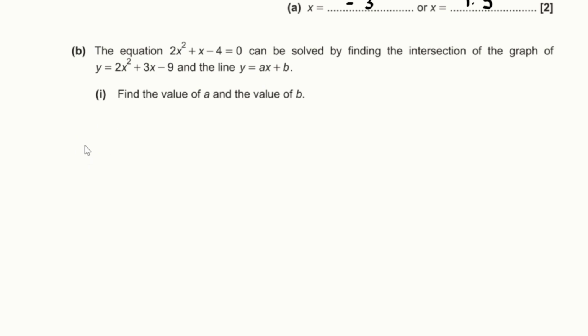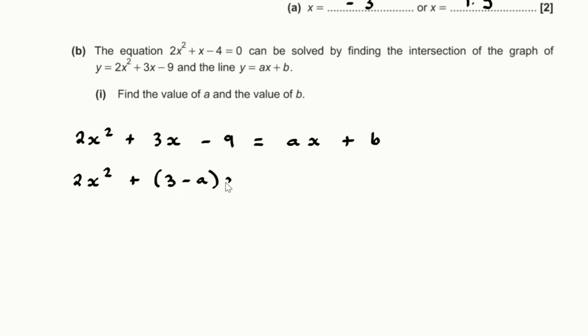So if I set these equal to each other, I've got 2x squared plus 3x minus 9 equals ax plus b. And if I rearrange, I've got 2x squared plus (3 minus a)x plus (minus 9 minus b) equals 0.